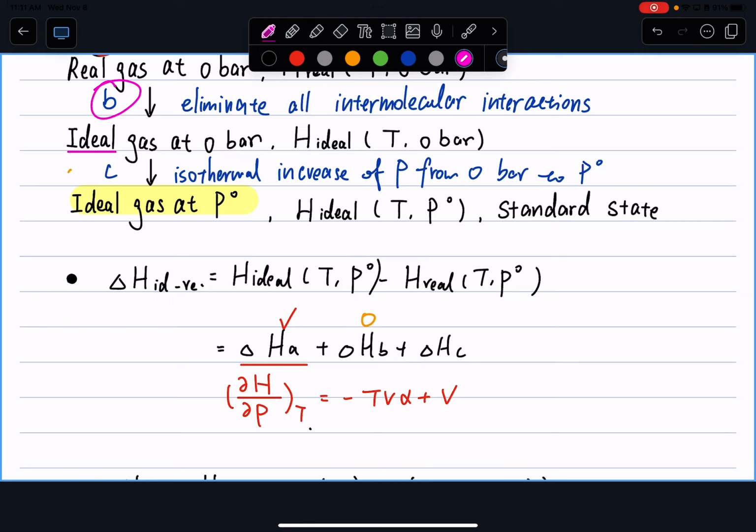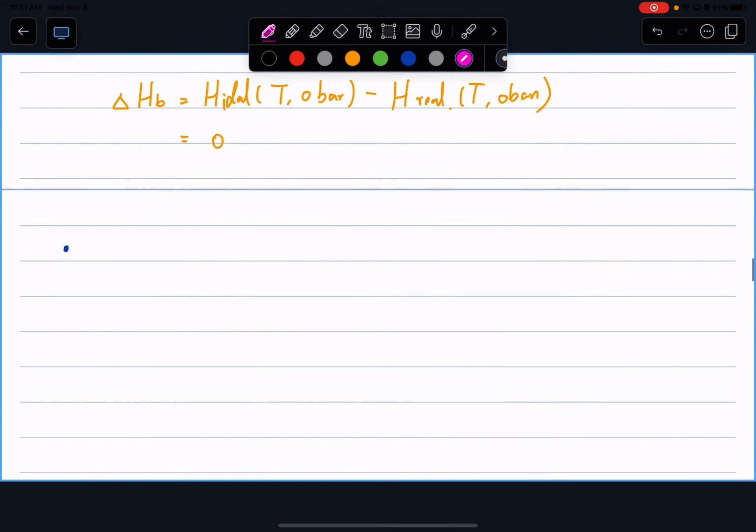So H of ideal gases only depends on temperature.